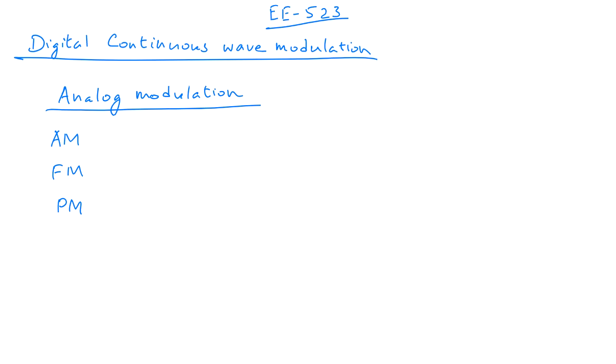Now, if you recall from your analog modulation, you have two signals that are used in the modulation process. What are the two signals that we use? We use the message signal, or information signal, and we use the carrier signal.